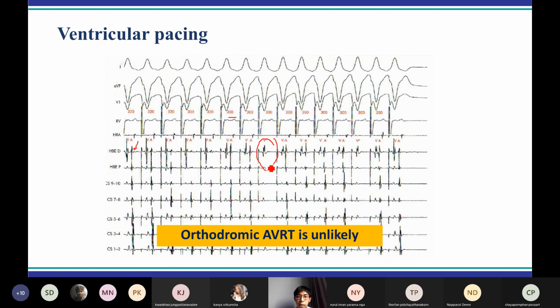So assuming that there is only one pathway connecting the atrium and ventricle in this patient, orthodromic AVRT is unlikely to be in this patient, because you block the AV node, and there is no connection between the A and V at all. The signal cannot travel into the ventricle. Okay, anyone has questions about this?